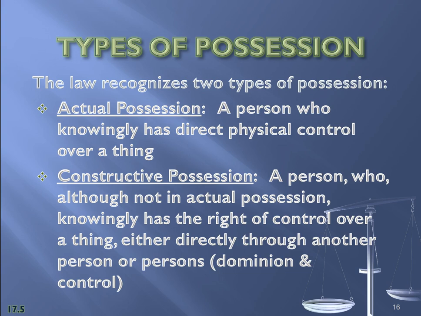It's in my hand, it's in my pocket, it's in my sock, my backpack that's on my back, or what have you. Now, constructive possession is where a person, although not in actual possession, knowingly has the right of control over a thing, either directly or through another person or persons, and they call this basically dominion and control.